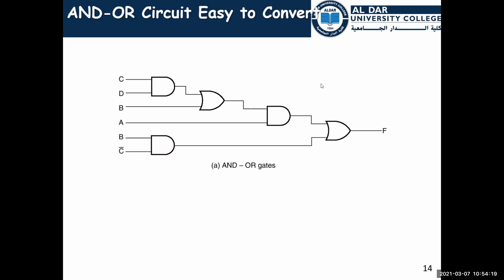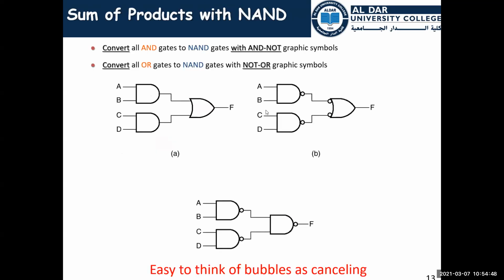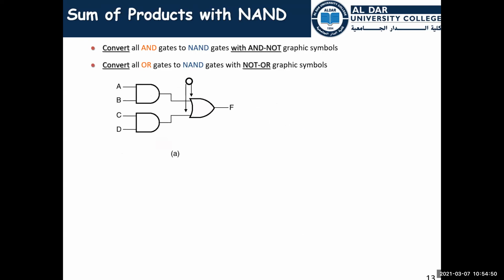For the question again. Now I want to convert this circuit into all NAND gates. What should I do? Okay, again, I will go back to this slide, and please concentrate to answer the second part.